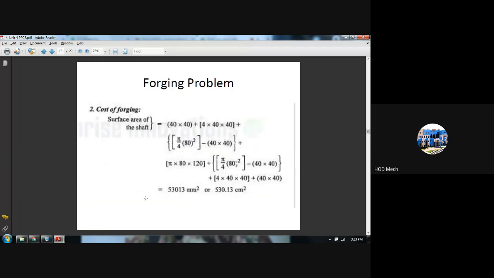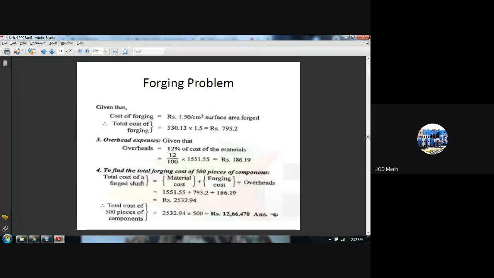Then material cost. Then next is cost of forging. You have to calculate surface area. Then forging cost. So this is how the material flows. In the sequence of approach, you should be able to visualize. That is more important.